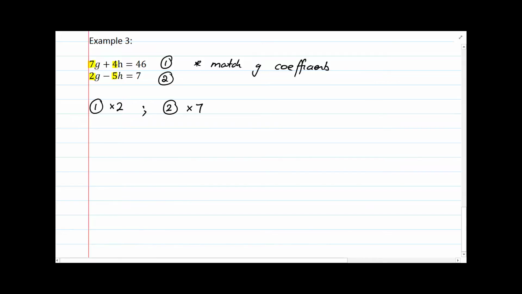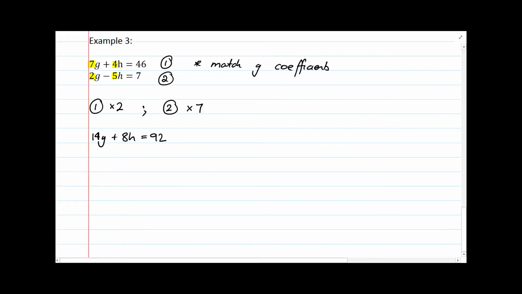So I can multiply everything in an equation as long as I do everything. It's going to blow my numbers out a little bit and make them quite large, but what it will do is it will create 14g in both cases. So first I'm going to multiply equation 1 by 2, and that will give me 14g plus 8h equals 92.